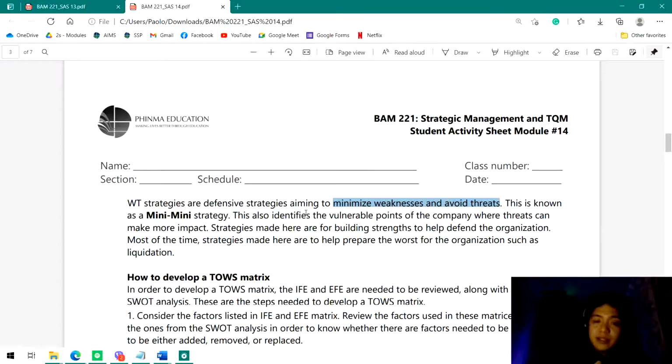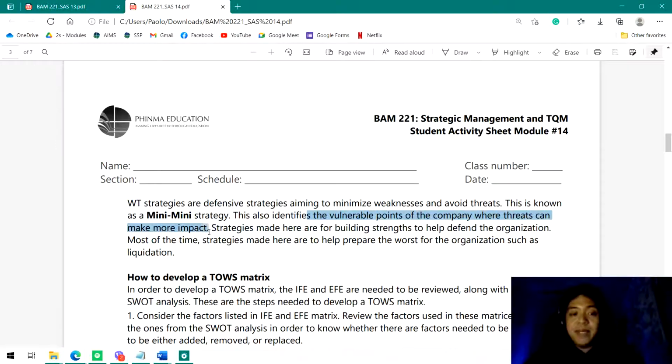This also identifies the vulnerable points of the company where threats can make more impact. So by knowing your weaknesses and by knowing your threats, alam mo ngayon kung paano maapektuhan ng threat na yon yung company mo. Makikita mo na, okay, if maapektuhan man tayo ng threat na ito, very crucial ito kasi mahina tayo sa ganitong field.